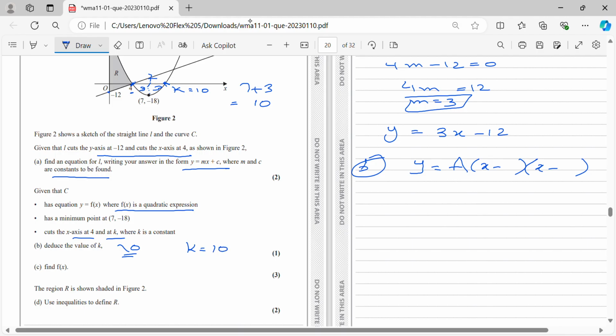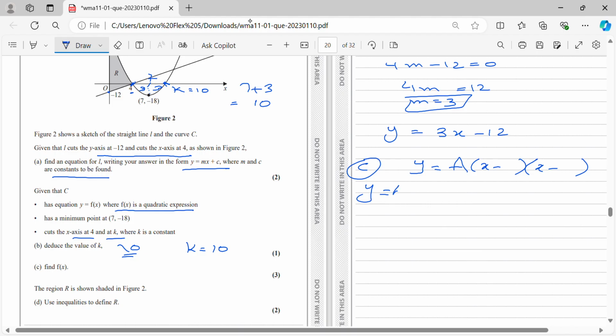In the C part, I have to solve for f of x. As I said earlier, whenever you have to form a quadratic equation, always write down a into x minus, because when you multiply both the brackets, anyway it will be quadratic. I feel this is the easiest way to form a quadratic function.